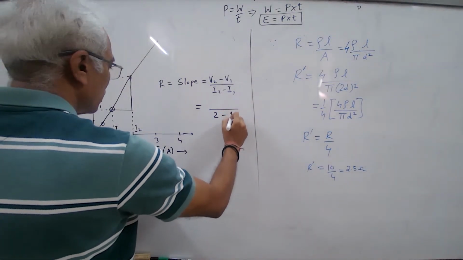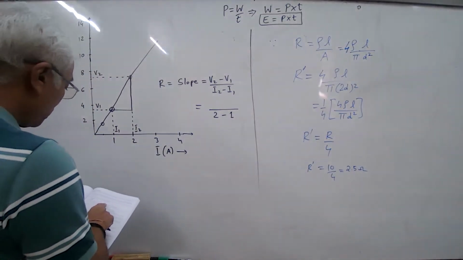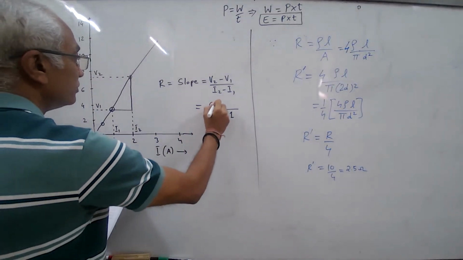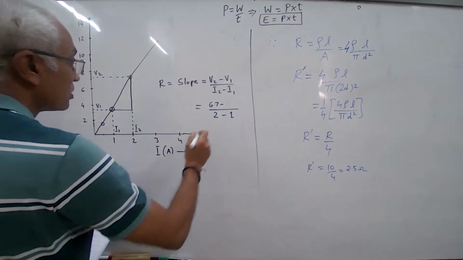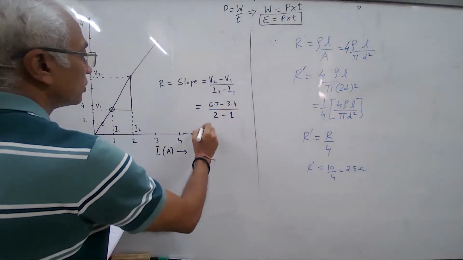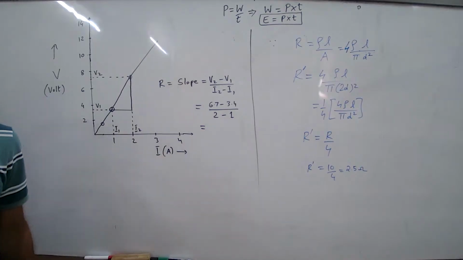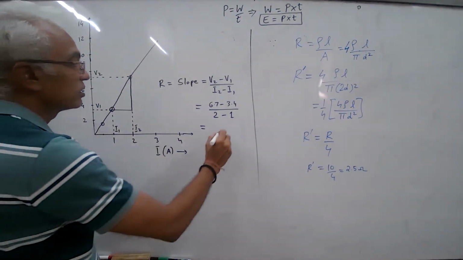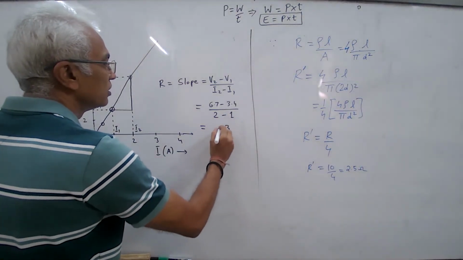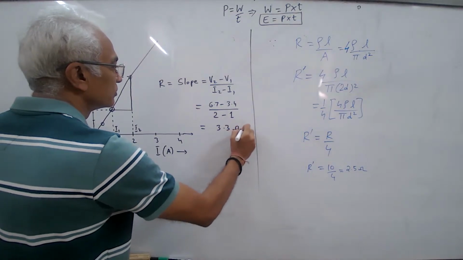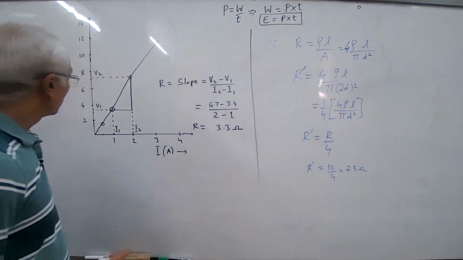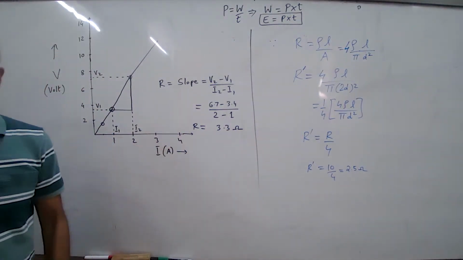I1 is 1. So against 2 you have 6.7. What is 3.4? So the denominator has 1, so whatever answer comes, how much is that? 3.3. Are the units volt and ampere? So this is 3.3.